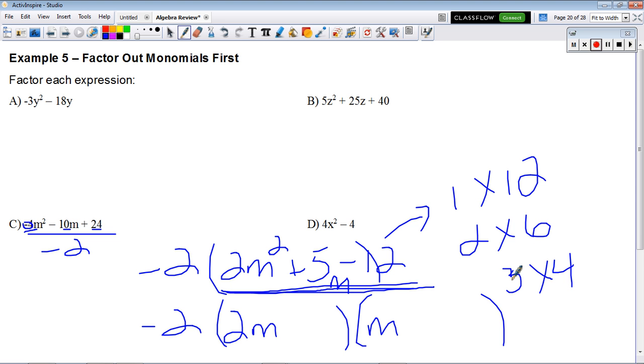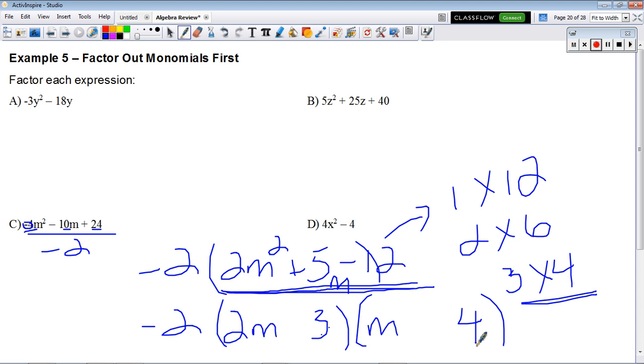Once again, since I'm not sure which pair of numbers is going to work, I'm going to try the pair that's closest together first. But keep in mind, if I'm going to try 3 and 4 first, I don't want to put the 4 here, because that is going to have factors that are the same as this, and we know that never works. So if I'm going to try 3 and 4, I'm going to try this first.